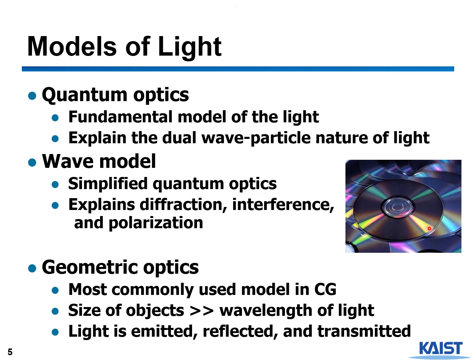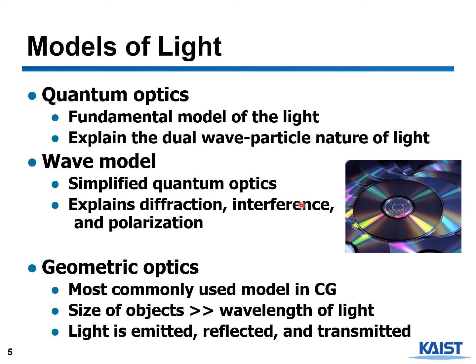There are very small details on the backside of the CD, and the size of that feature is very small, even very close to the wavelength of light. Because the size of the object is very similar to the wavelength of light, we can see this wave feature. So there is some sort of diffraction. Also, in some cases we can use this wave model to simulate this kind of wave feature.